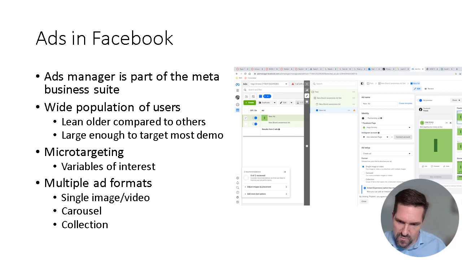Because it has such a large group of people, I would say you should just have a Facebook presence, unless there's a very good reason why strategically you don't want to have it. Now, it has a wide population of users, like I was saying, that leans older, split about 50-50.